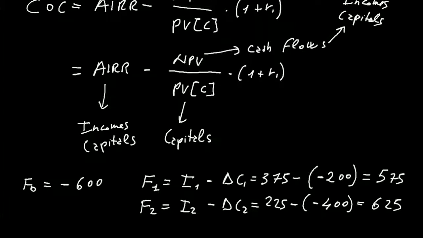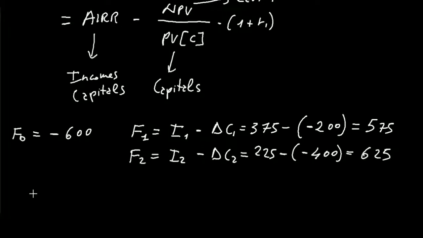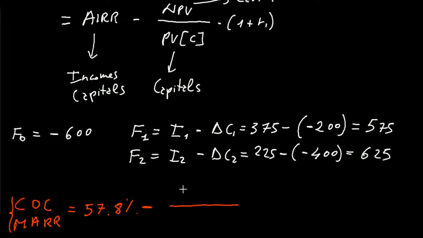And so we can write, for our example, that the overall cost of capital, or the minimum attractive rate of return, is equal to the AIRR, which we have already computed as 57.8%, and then we subtract the NPV, and we can write the NPV as minus 600 plus the discounted value of $575.